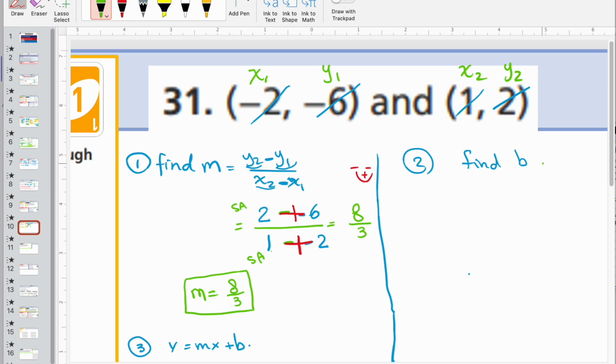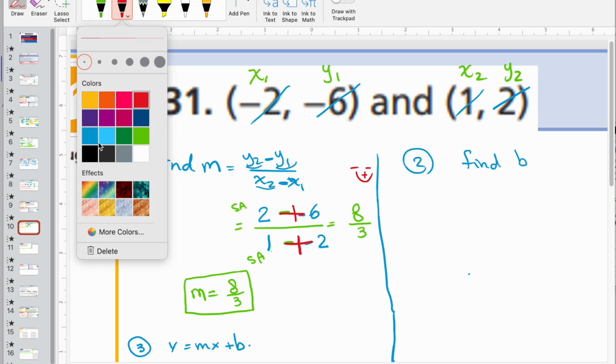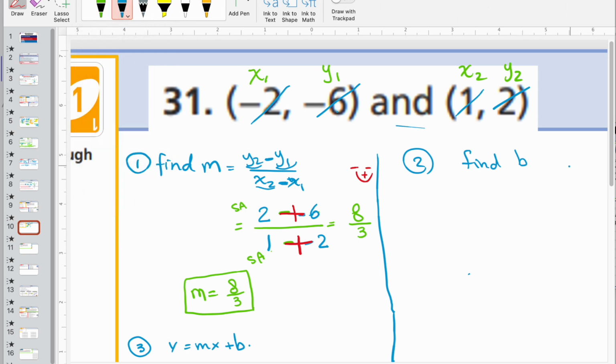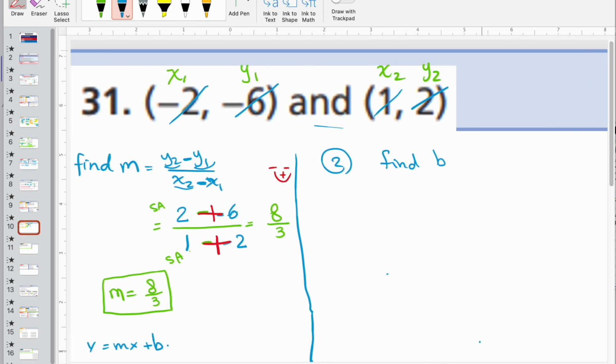Yes. To find b, I don't have the graph to find it by looking at the graph. No, I only have m that I found, which is 8 over 3, and I have 2 points. So what should I do?